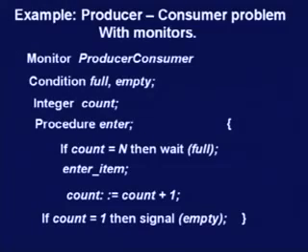It simply says that if the count is n, then wait. The producer has to wait because all the buffers are full. It waits on the condition full, else it enters the item, increments the count value, and if the count is 1, then it signals empty, saying that now empty has become 1.